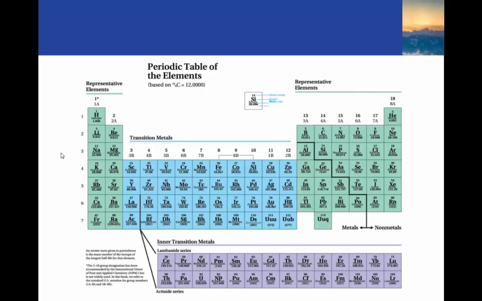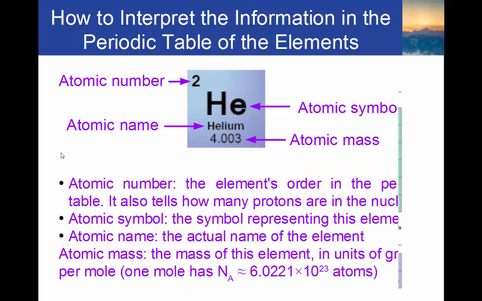And if you go to the next page in the notes that I've uploaded for you, I've blown one of these elements up. This one's actually helium, not hydrogen, but everything's basically in the same places. You have an atomic number, an atomic symbol, the atomic name, and then for this problem the thing you really need is the atomic mass, which again is in terms of grams per mole typically.